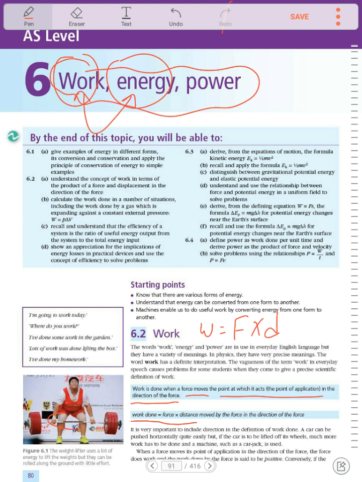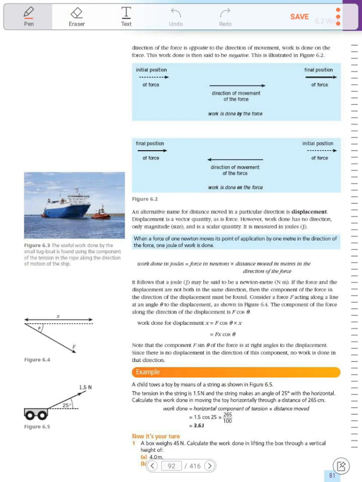So the work done is the force multiplied by the distance moved by the force in the direction of the force. Here we have a force moving up and the distance up, so we have a work. Now, if the force is in the opposite direction of the motion, like a car moving forward and you press on the brake, so no driving force, we have only frictional force, opposite to the direction of the movement.